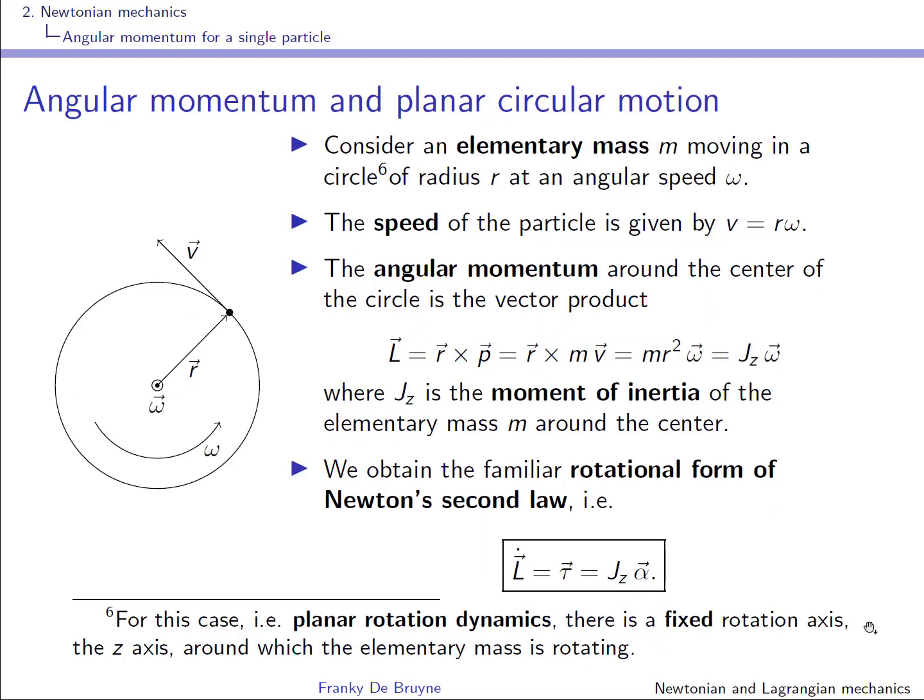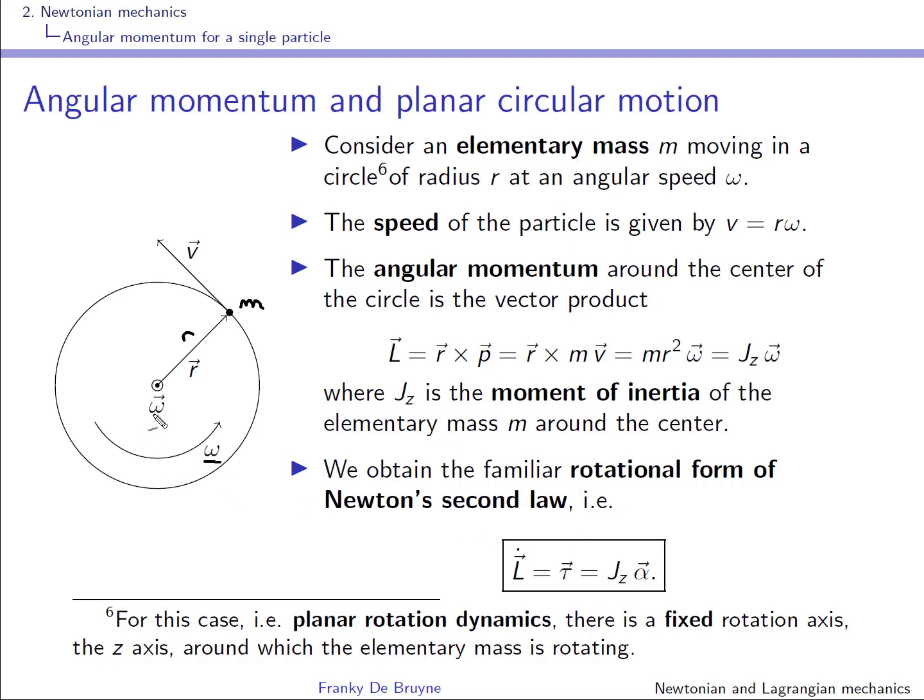Well, let us now apply this to planar circular motion of an elementary mass. Okay, so the mass is over here, and it's moving in a circle of radius r, so the distance here from the origin is r, at an angular speed of omega, right?